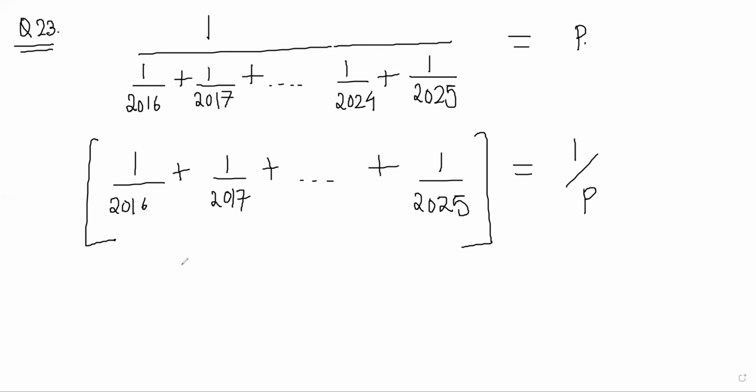What can we do here? 1 by this plus 1 by this. Can we simplify it in some way? Can we pair some of them together and it becomes something simpler?